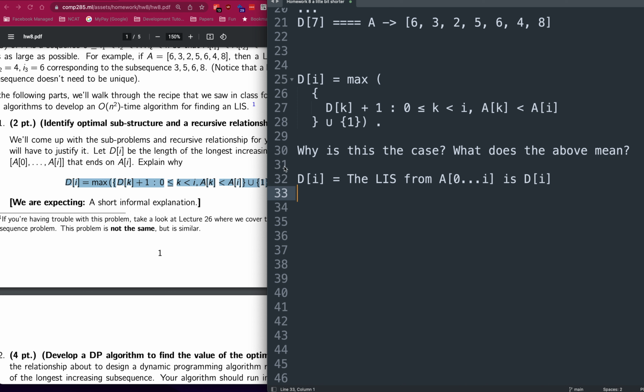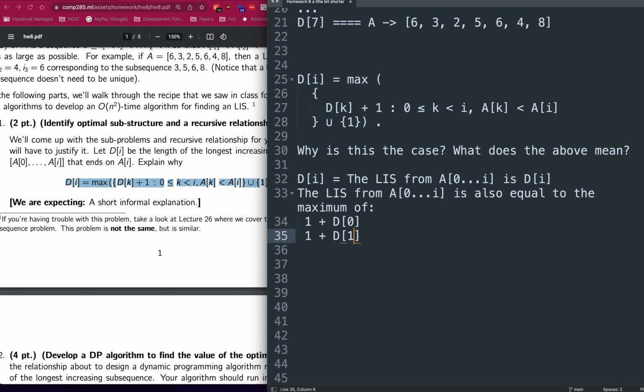And this is also equal, the LIS from A0 to i is also equal to the maximum of 1 plus D0, 1 plus D1, 1 plus D2, dot, dot, dot, 1 plus d(i minus 1).